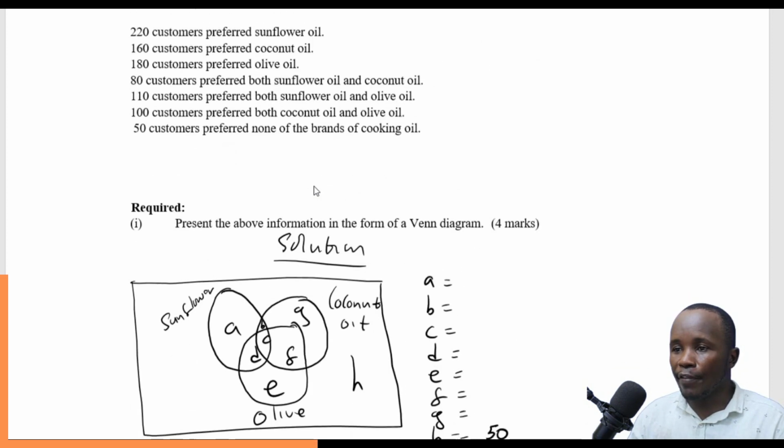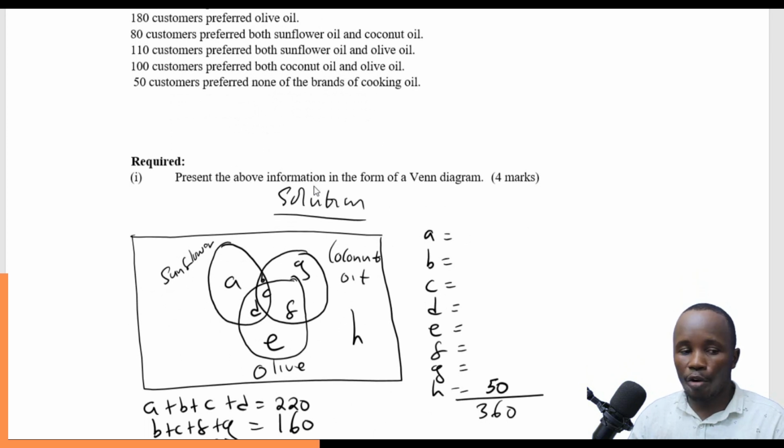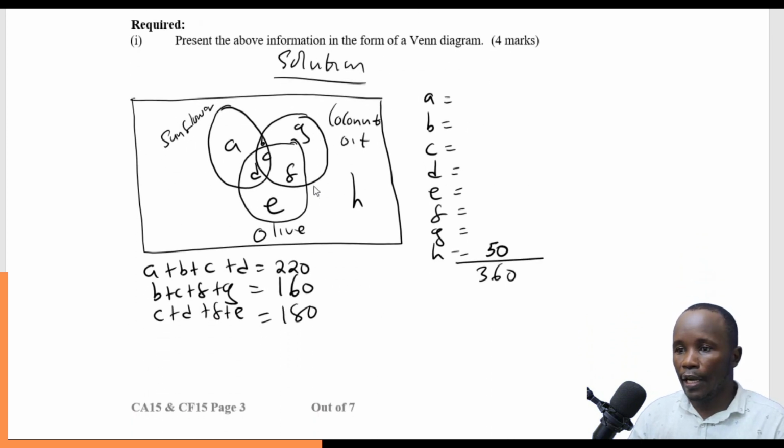80 customers preferred both sunflower and coconut oil. Sunflower and coconut oil, both, that is B and C. So B plus C should give me 80.